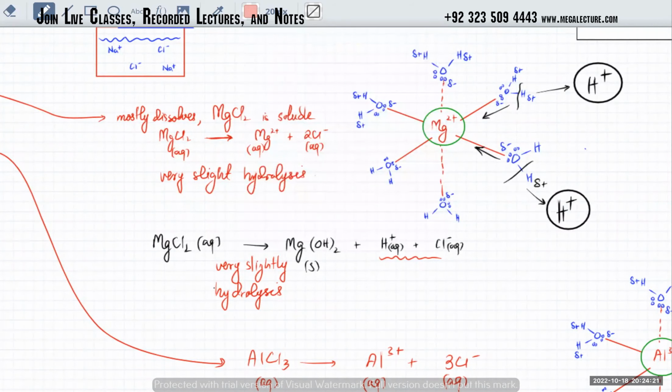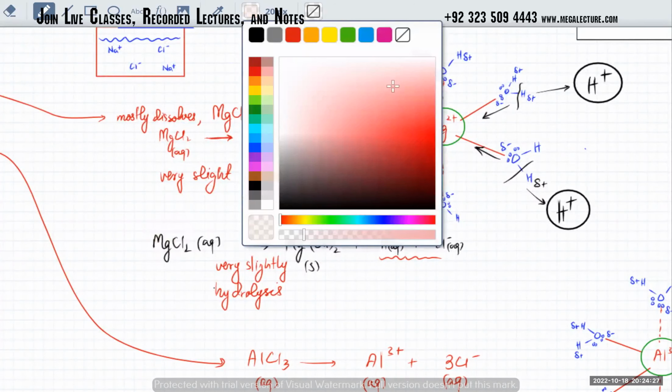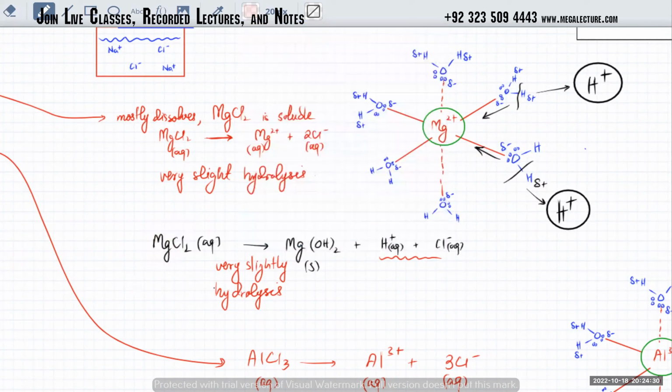The MgCl2 will react with water just very slightly, and it will end up forming magnesium hydroxide, like Mg+2 ions and OH ions, right? OH ions are produced. So the Mg will attract the OH ions from water. It's going to repel the H+1, so it's going to form Mg(OH)2, which is a solid. So there's going to be some precipitation happening, and the H+1 are going to get knocked out.